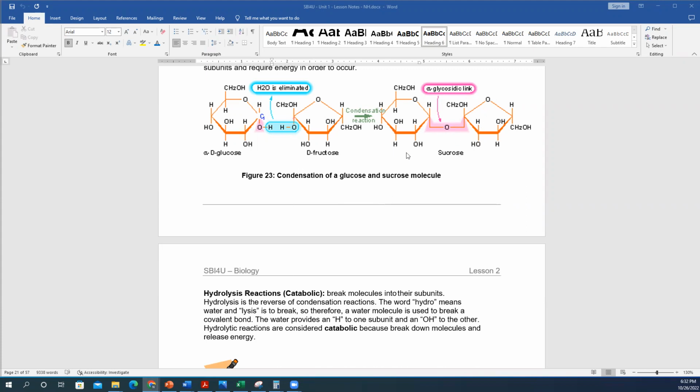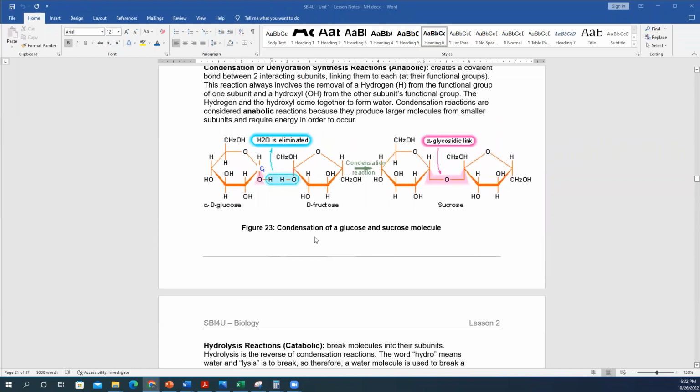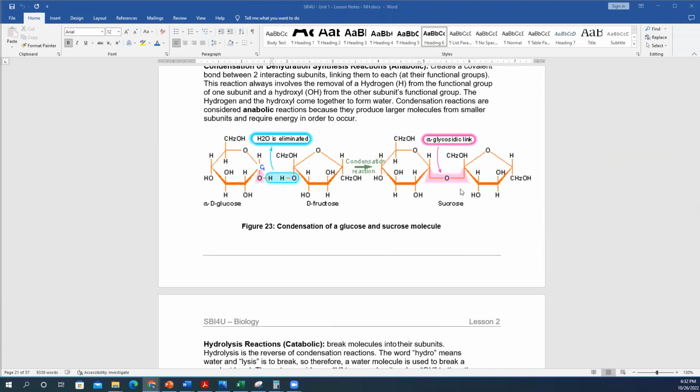This larger molecule plus water breaks this bond, and you get two smaller molecules formed. So hydrolysis and condensation are reverse reactions of one another. One involves the elimination of water, the other involves the addition of water in order to break a bond.